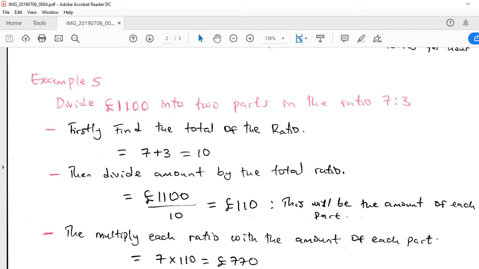So we're trying to divide 1,100 within the ratio of 7:3. Firstly, add the ratios together: 7 plus 3 equals 10.